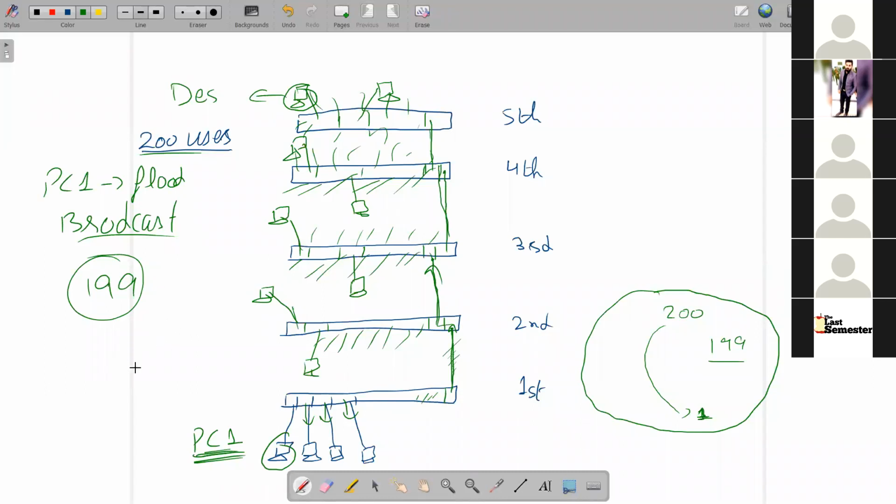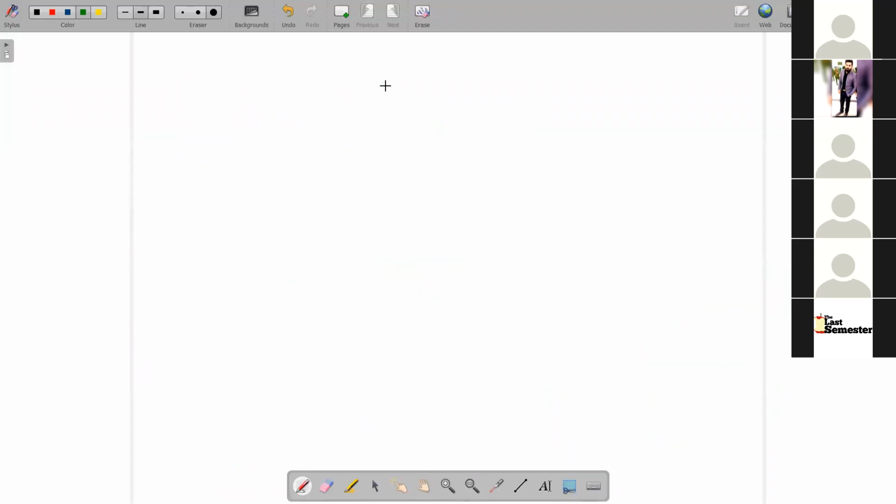So what we want, for example, in an organization, I'm having 50 end users belonging to IT, 20 end users belonging to the accounts department, 30 end users belonging to the marketing department, and 20 end users belonging to the production department, for example.